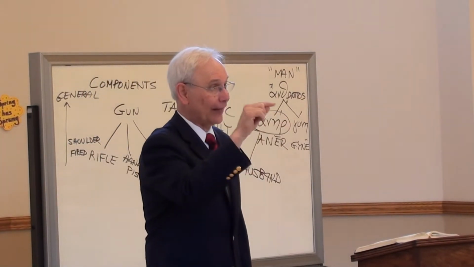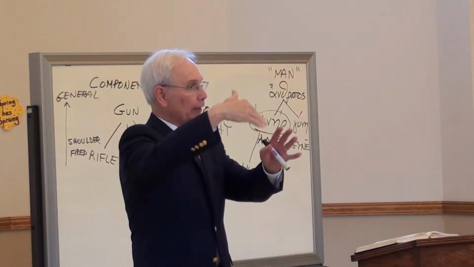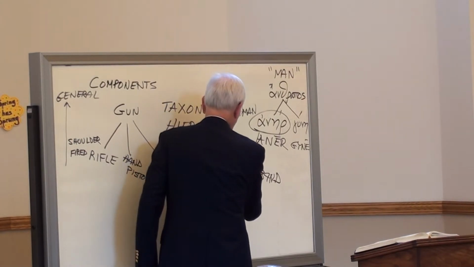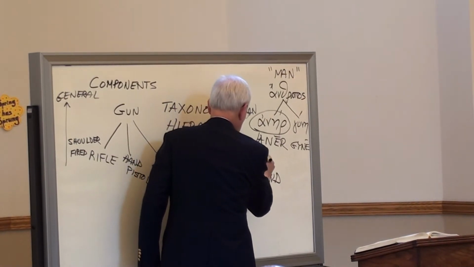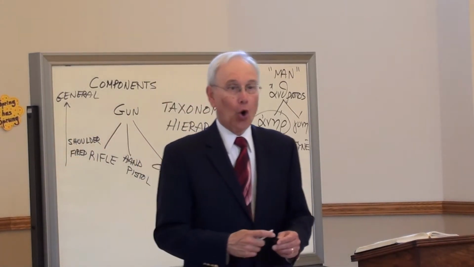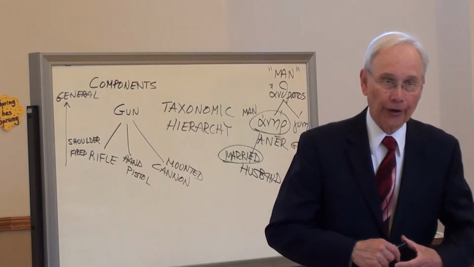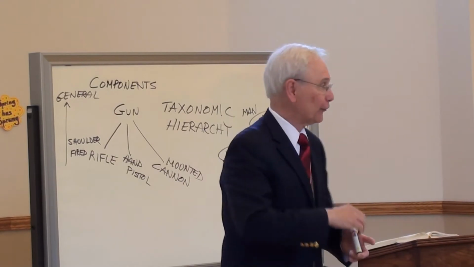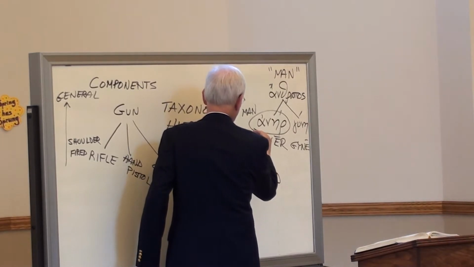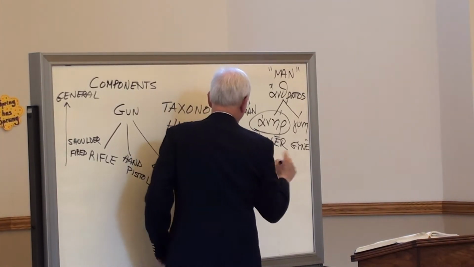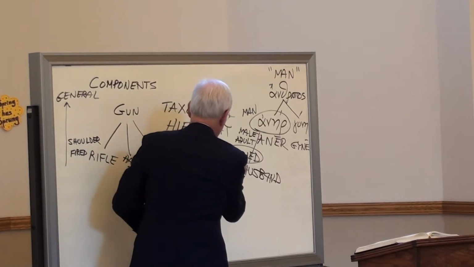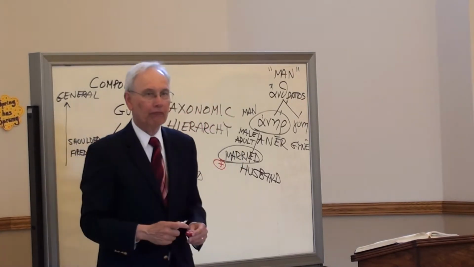Well, that's that same use, but you are really adding in the component of marriage. Okay? Now, here's the problem. When you come upon aner in the Greek text, does it have this component of male, adult, only, or does it have, let me change colors here, the additional component of married?